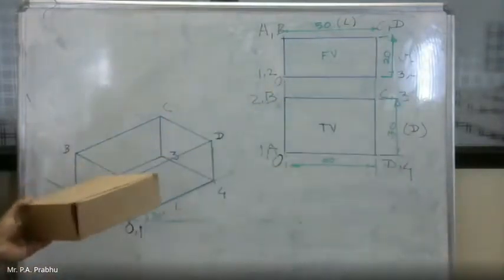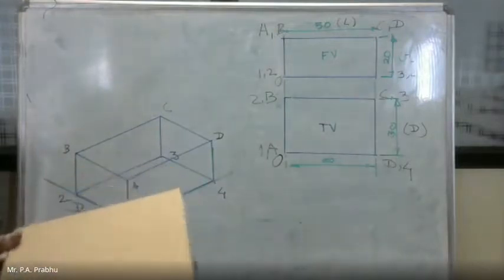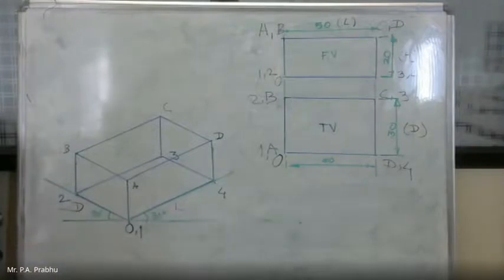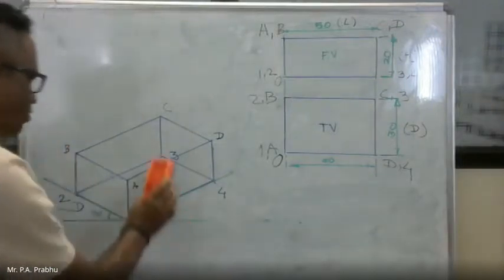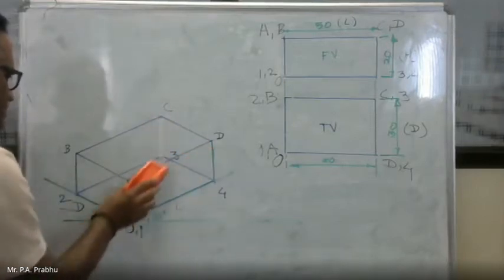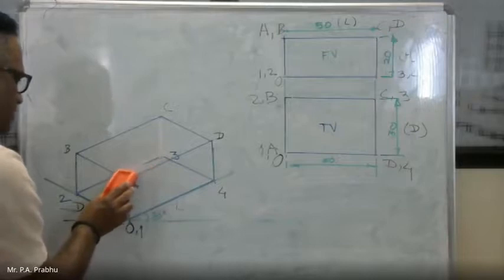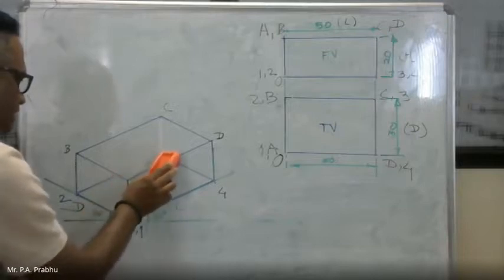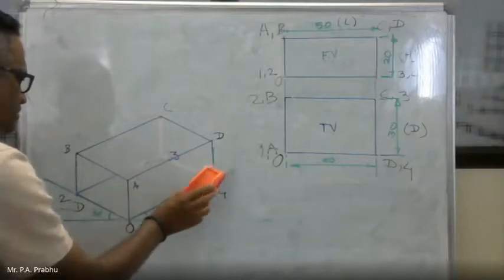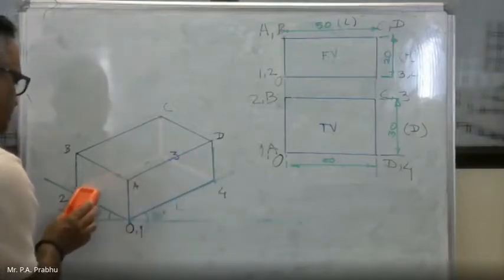In the same diagram, the top surface is visible, but the edges at the back are not visible, so erase them. This edge will not be seen, this edge will not be seen, erase it, which is at the back. So erase this edge, and this one.